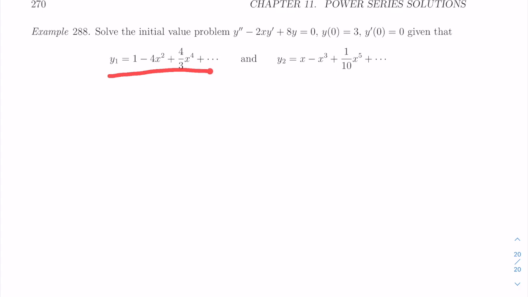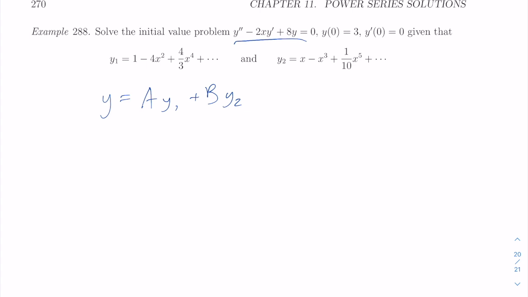So suppose that this is one of my y1 and this is my y2. What I know is that y is going to be a y1 plus b y2. That's what I know. This is a second order linear differential equation, and I know my y1 and y2. And we can find these using the techniques that we found earlier.